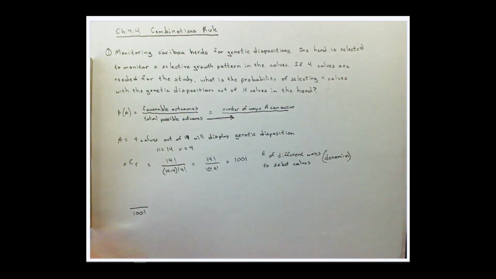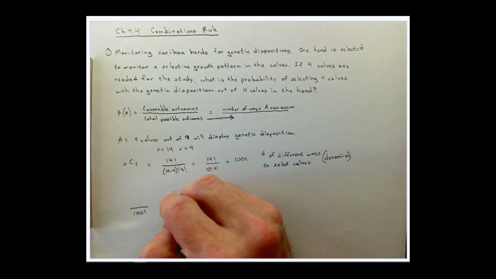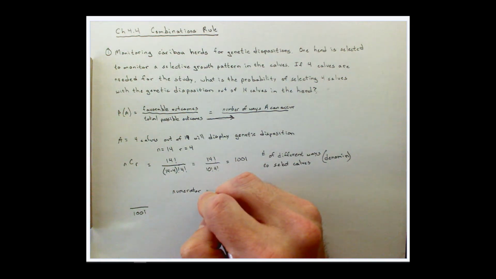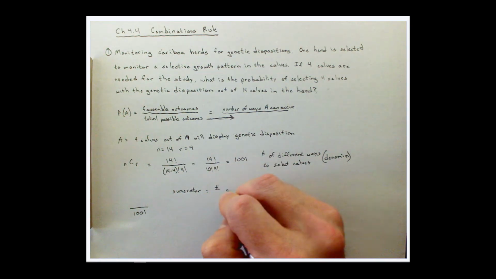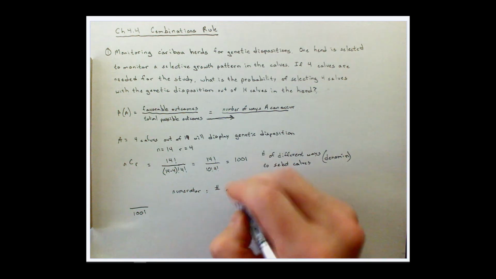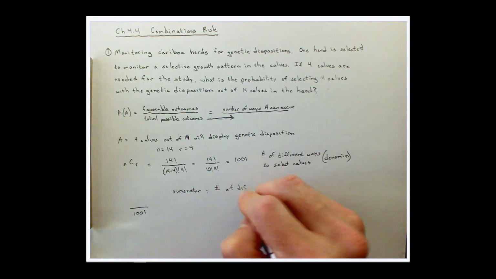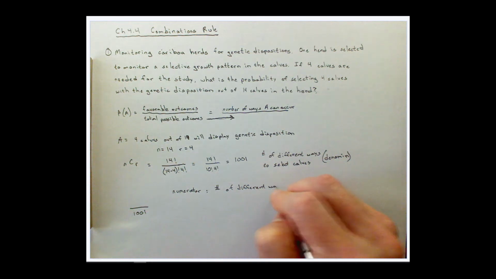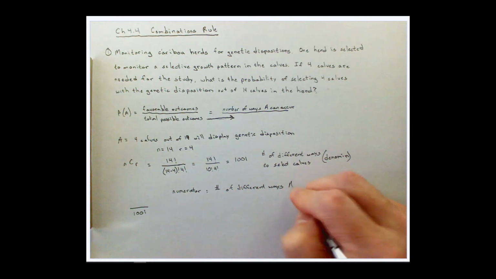I will note that with your homework problems, it's almost always going to be a 1 that you're going to have. But to understand why, for that numerator, what I'm looking at is the number of different ways A can occur.